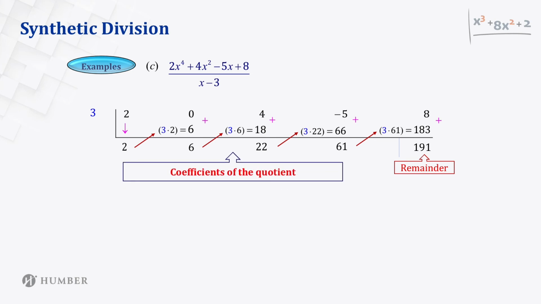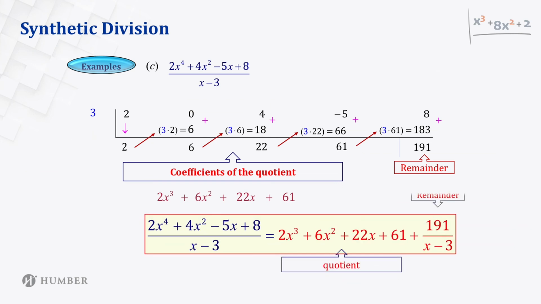And these four numbers are the coefficients of the quotient. Since we started with a degree 4 polynomial, our quotient would have degree 3. So the quotient would be 2x cubed plus 6x squared plus 22x plus 61. So we get the final answer as shown.